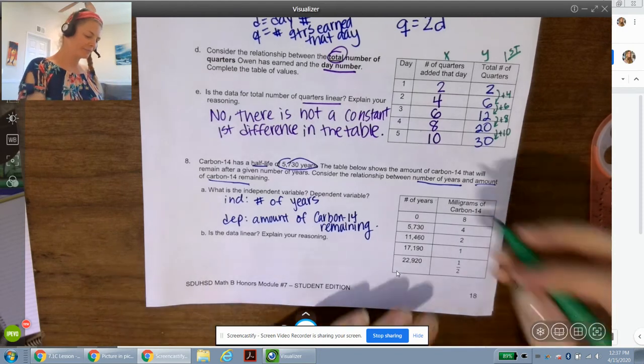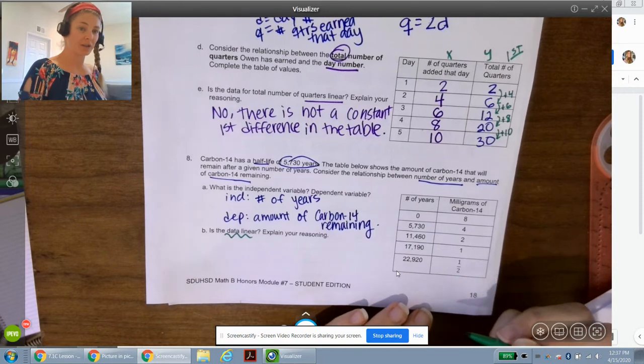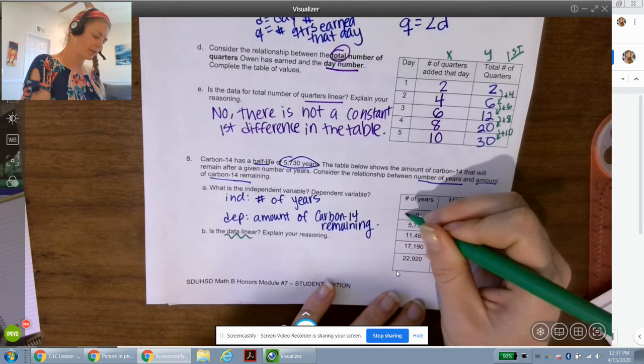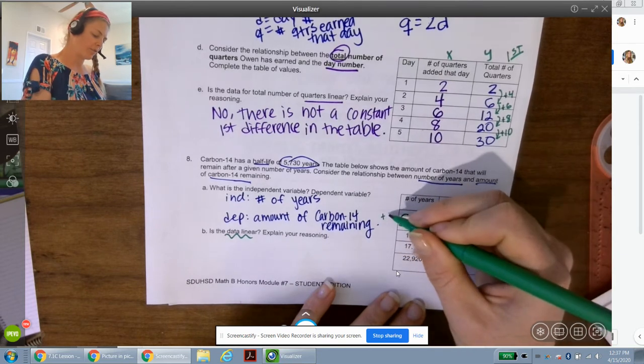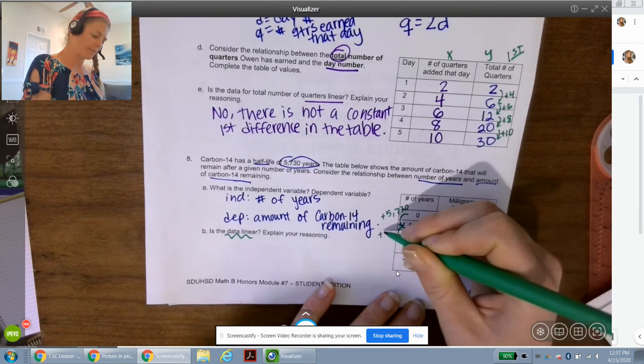So let's take a look. Is this data linear? Well, that's the big question. So let's see if we have a constant rate of change. Notice for this number of years, we're always going up by 5,730.